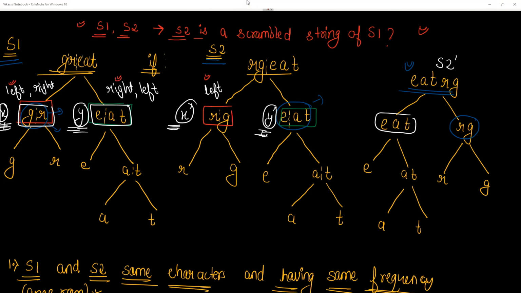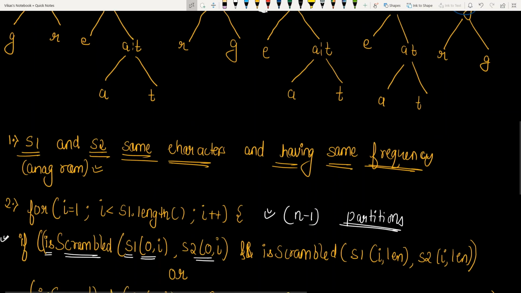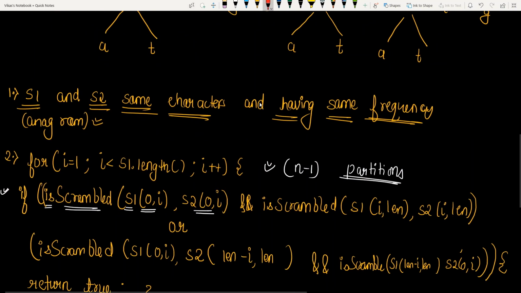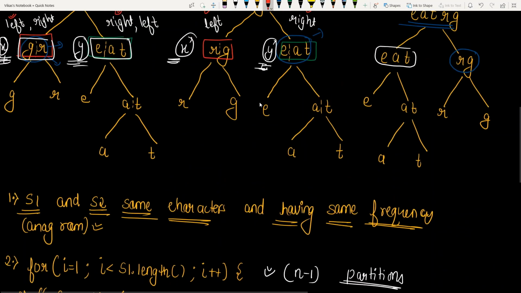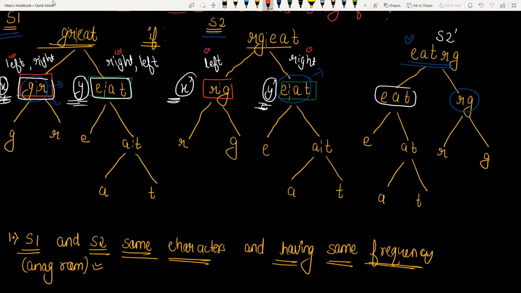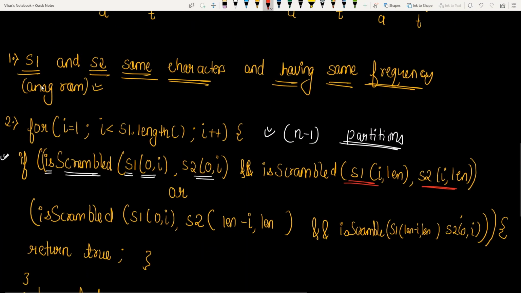So let me write the condition here. If my right is scrambled with right, and both these two are scrambled, that means our strings GREAT and RGEAT are scrambled. That's why we check whether these two are scrambled or not.